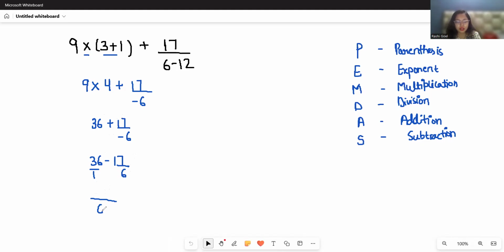So it's 6 and it becomes 216 minus 17, which is equal to 199 by 6, which is approximately 33.166 and so on. So what is the correct answer? 33.1667.